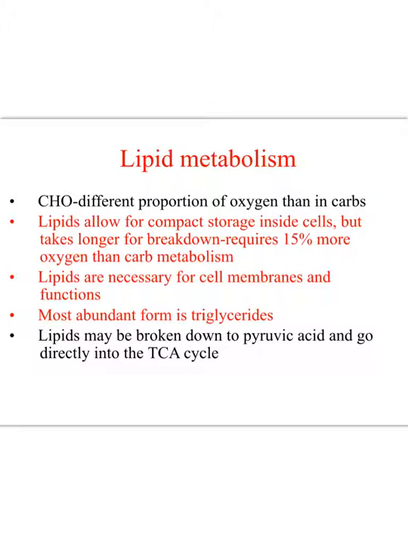If you remember, with carbohydrates, you always had that carbon, hydrogen, oxygen ratio of 1 to 2 to 1. Remember, glucose was C6H12O6. Well, with lipids, you've got less oxygen. So while lipids are much more energy dense than carbohydrates, they're more difficult to break down.